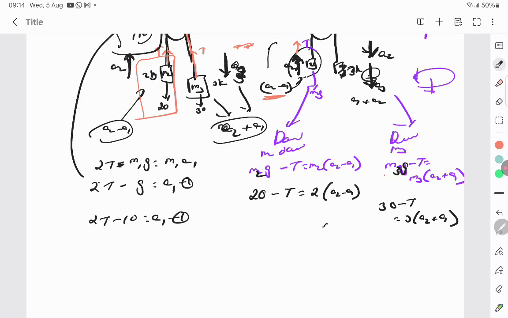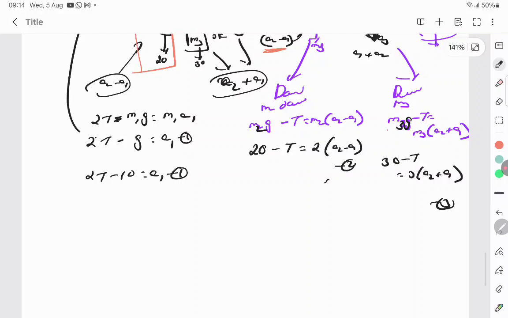So I have three equations now. Can I solve it? Can I put what is tension from here? 2T is equal to A1 plus 10, T is equal to A1 plus 10 by 2. That's my tension, and can I substitute that value here?